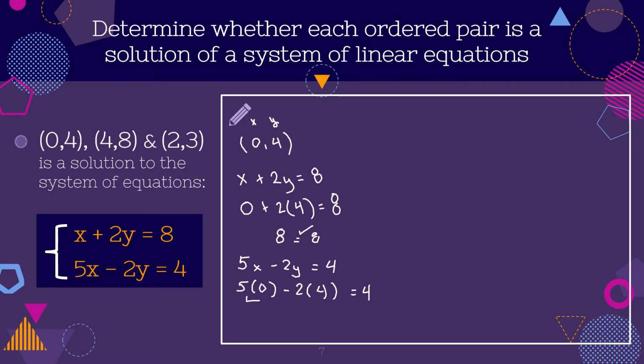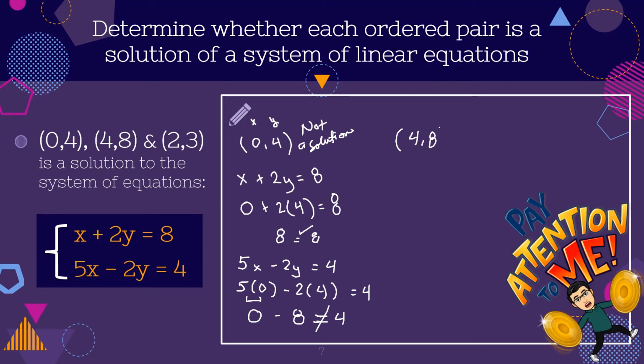We all know any number multiplied by 0 is 0, and 2 multiplied by positive 4 is negative 8, so we get negative 8, and obviously negative 8 is not equal to positive 4. We can say that (0, 4) is not a solution to the given system of linear equations because it does not satisfy both equations.